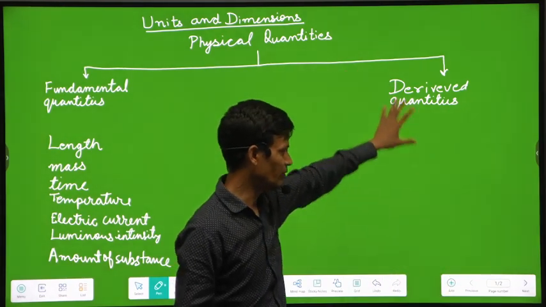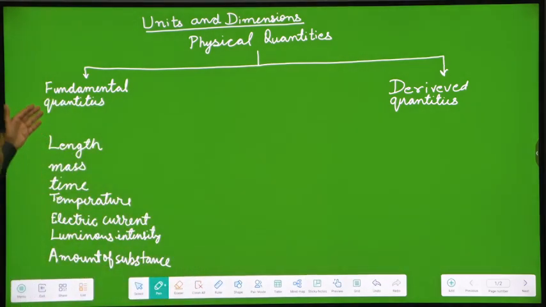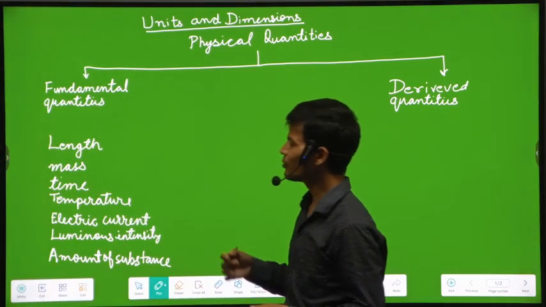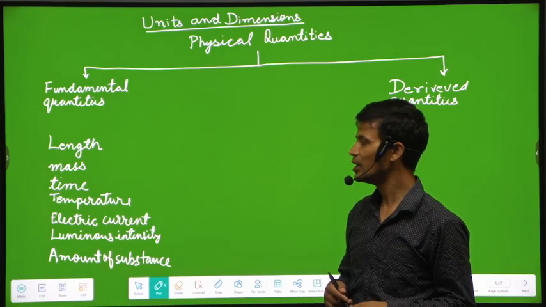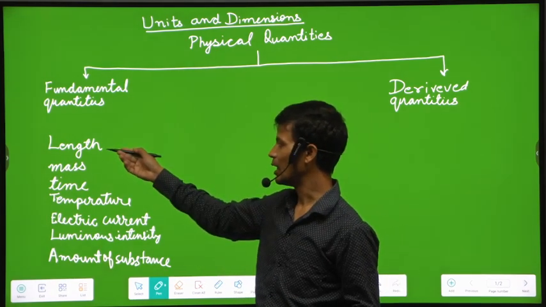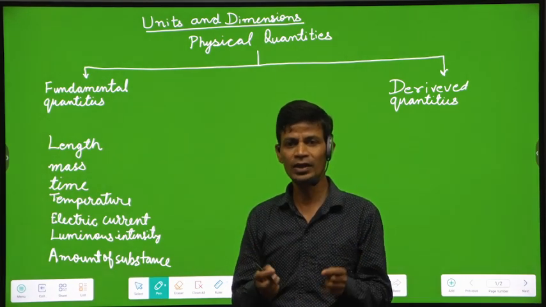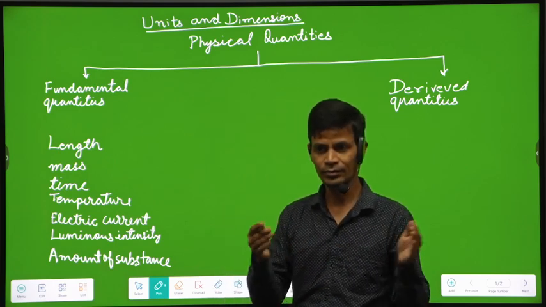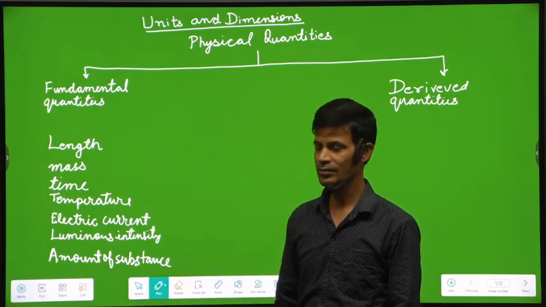So I haven't mentioned anything here, but let's start from fundamental quantities. Fundamental quantities, as I told you, are independent of any other physical quantities. So these are length. Length means anything which we are measuring as a span, as a gap between 2 points.